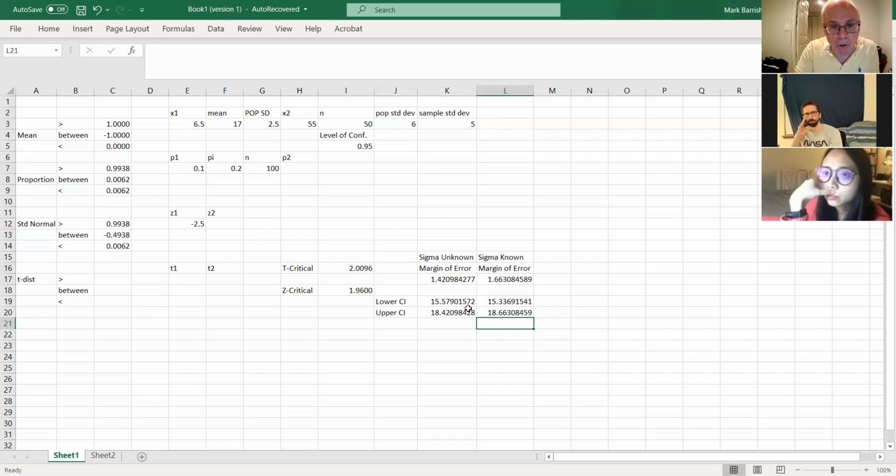If we subtracted these two numbers and divided by 2, we would get the margin of error. Not all confidence intervals are symmetric. I have to tell you that. Some are not, for various reasons which are way beyond this course. But for this course, that's what we do.